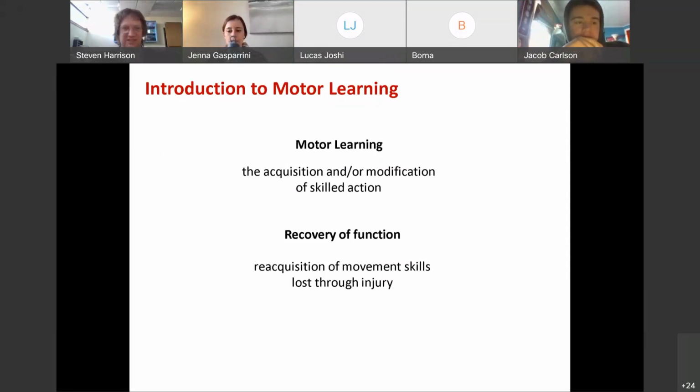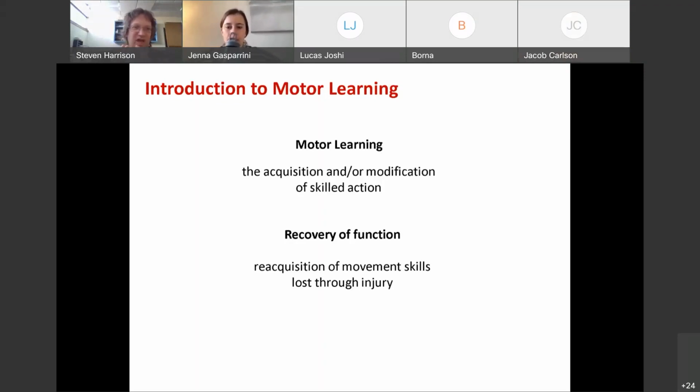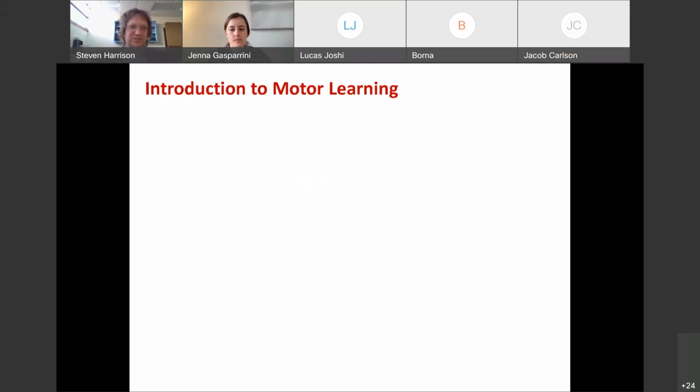But as I said before, it's not really part of the foundations that we need to make sure we've laid down. So what's recovery of function? We're talking about the reacquisition of movement skills lost through injury, or the reality of most rehabilitation, the progress towards reacquisition.